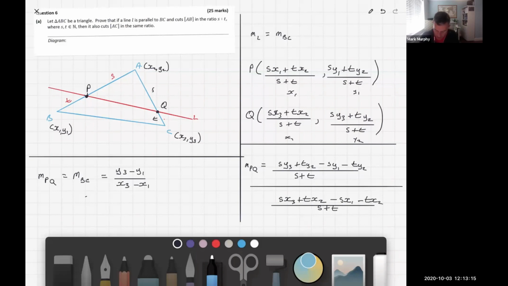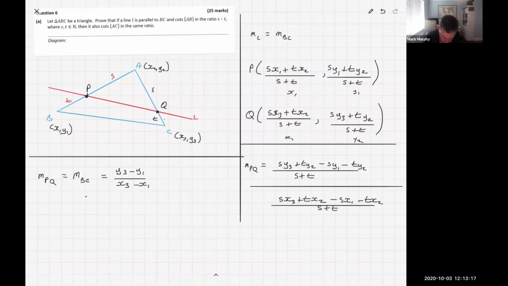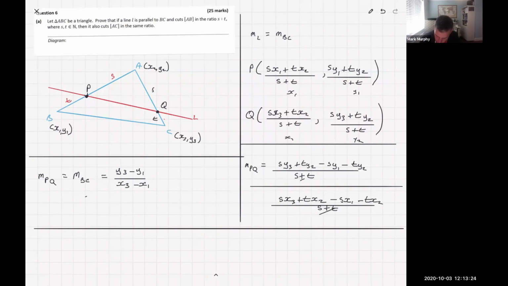Oh yeah, I have more space here, good. So I'll just write this down here and carry on over here, okay? You can see that the s plus t cancels out in both, right? And the ty2 and ty2 cancel out, and tx2 and tx2 cancel out, and then you're left with sy3 minus sy1 all over sx3 minus sx1.